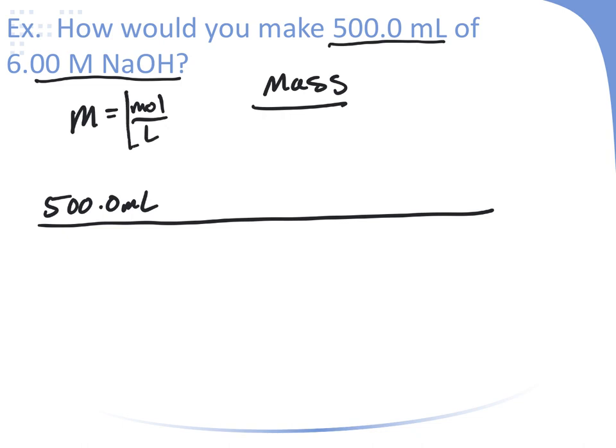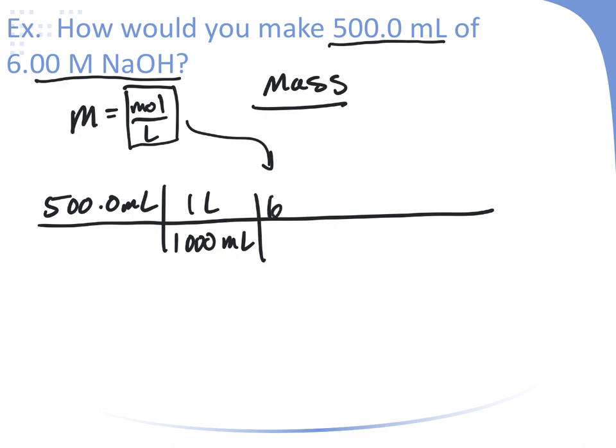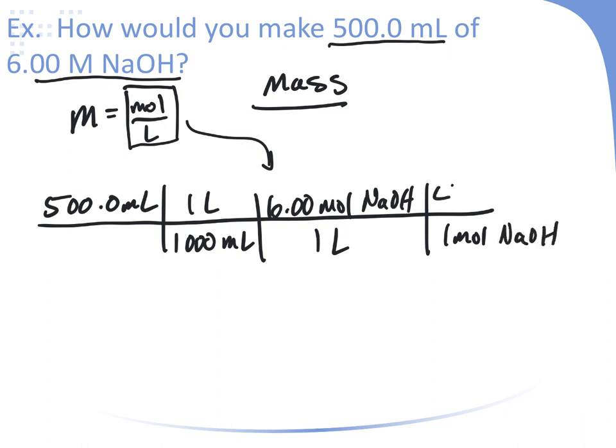I can use that moles per liter as a conversion factor to change from liters to moles, and then I can change my moles to my grams. So I get these milliliters to liters. At that point, I can use my molarity, which in this case was 6.00 moles of NaOH for every 1 liter of solution. Then I can take my moles of NaOH and change to grams.